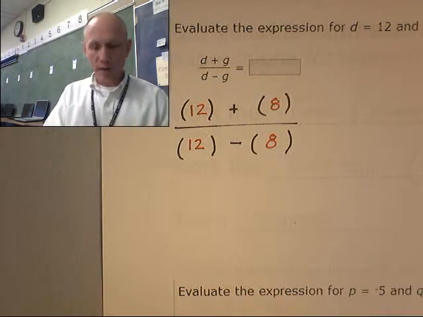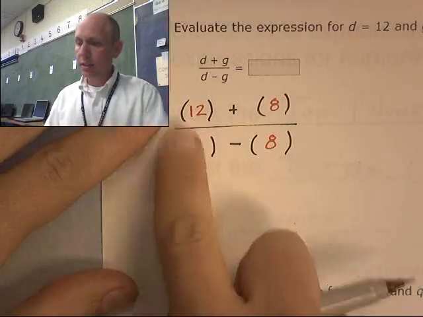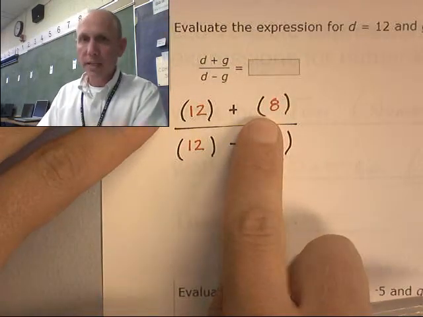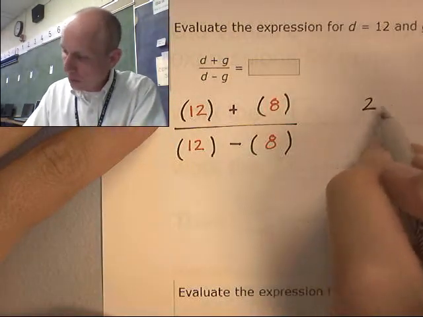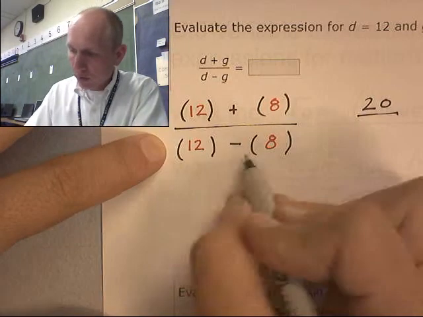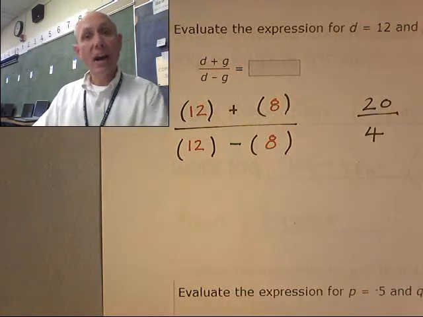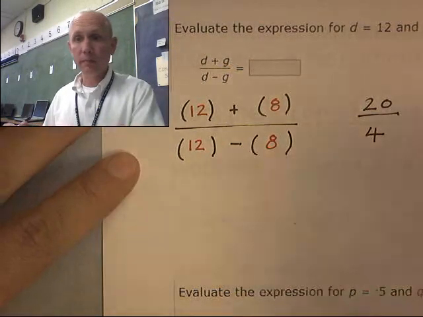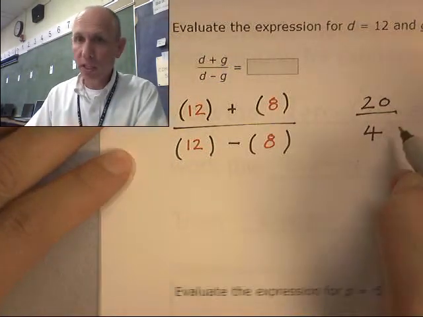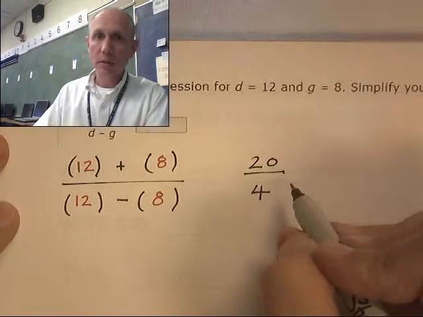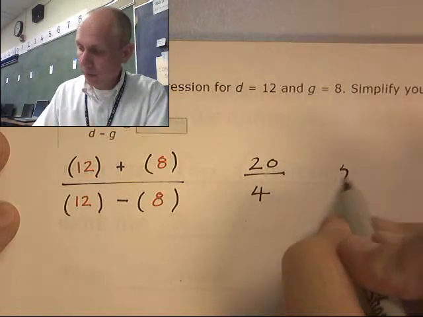And now I will evaluate this. 12 plus 8 is 20. 12 minus 8 is 4. And now I'm going to do that final division. 20 divided by 4 is 5.